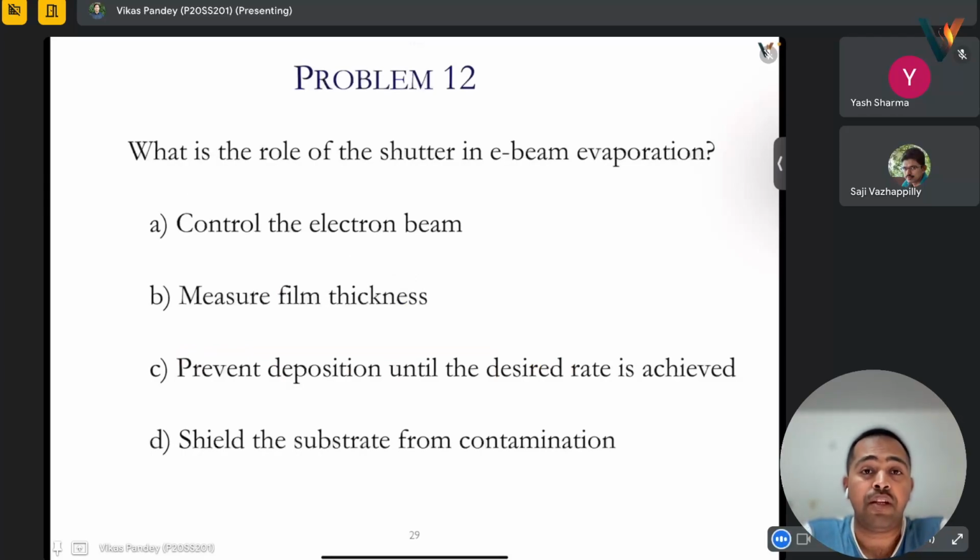Okay. Then, what is the role of shutter in case of E-beam evaporation? Controlling the electron beam, measuring film thickness, prevent deposition until the desired rate is achieved, or seal the substrate from contamination.